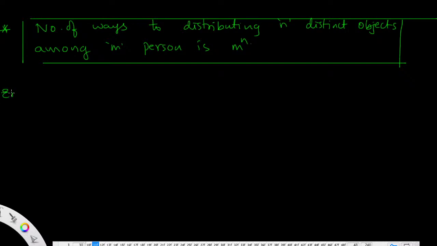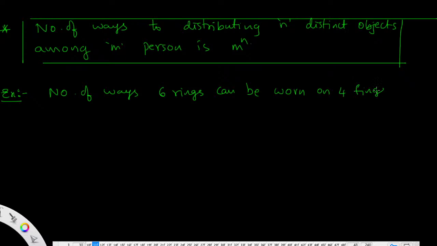From these two questions, then I will stop. The number of ways 6 rings can be worn on 4 fingers of one hand is dash.